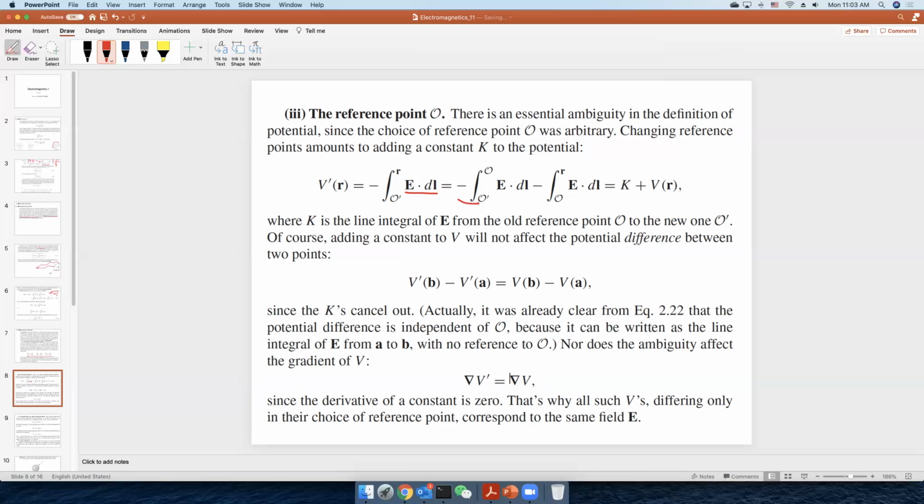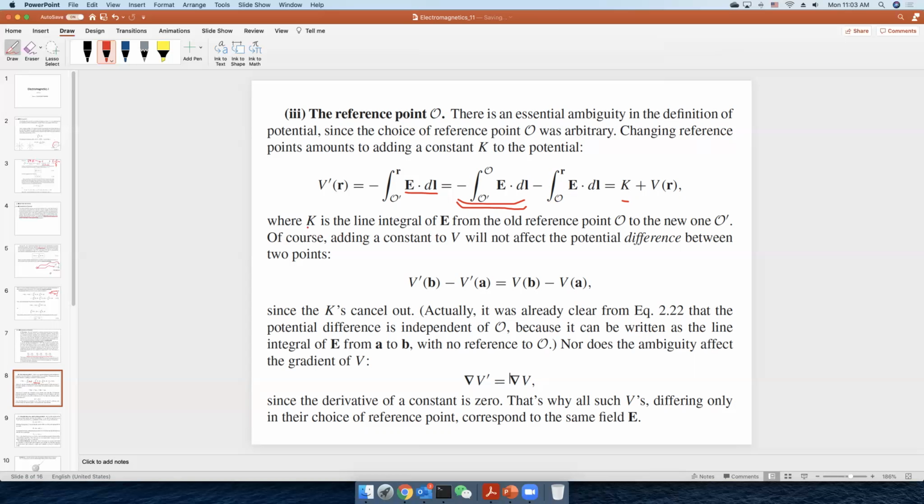And you can say the integral from phi prime to phi, you can define it to be K, which is a constant. So if you change the reference from one point to another point, the electric potential is only changed by a constant K, and K equals this integral. The other part is V(R), which is still the electric potential in the case of the original reference phi.